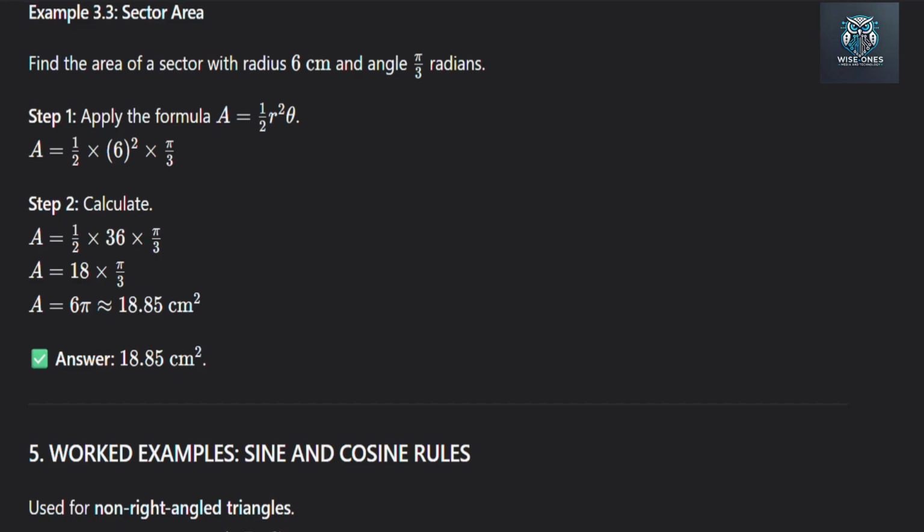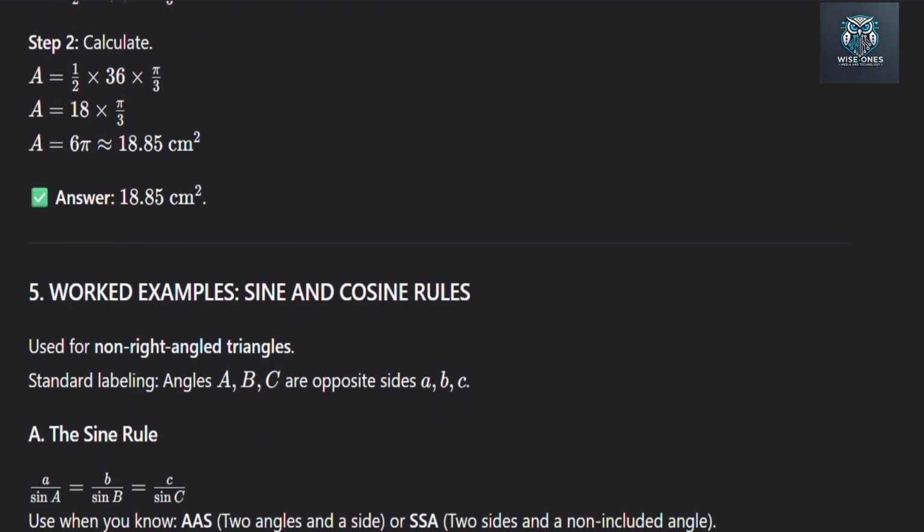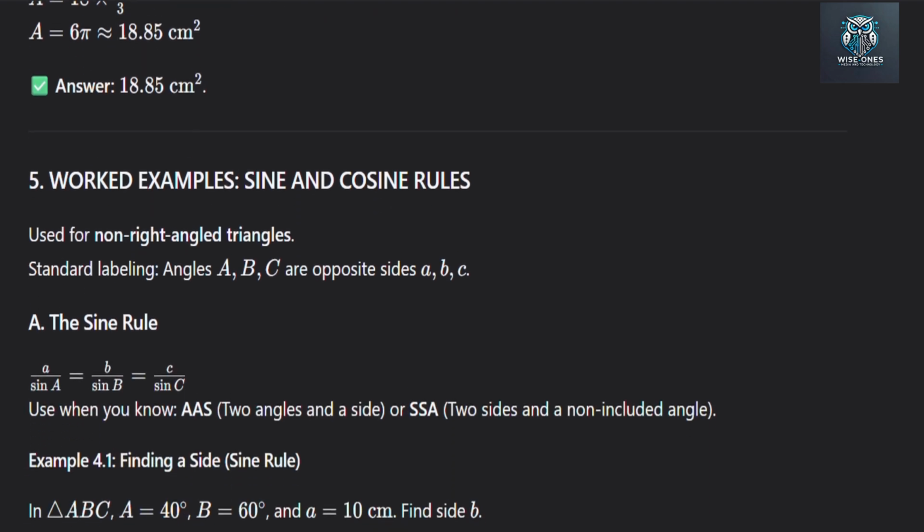Step 2, calculate. 6 squared is 36. 1/2 times 36 is 18. 18 times pi over 3. 18 divided by 3 is 6. So A equals 6 pi. If you calculate this, it is approximately 18.85 centimeters squared. Answer: 18.85 centimeters squared. Notice how the pi stayed in the calculation until the end.